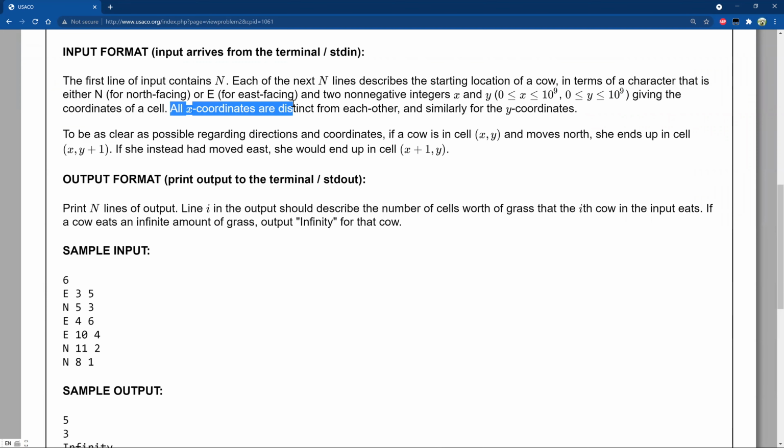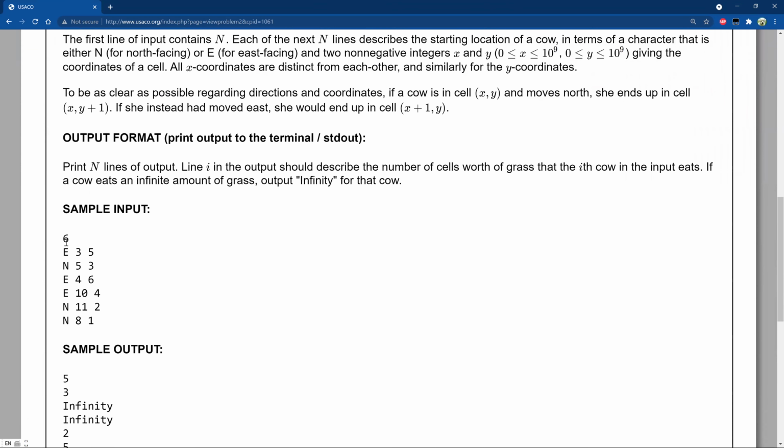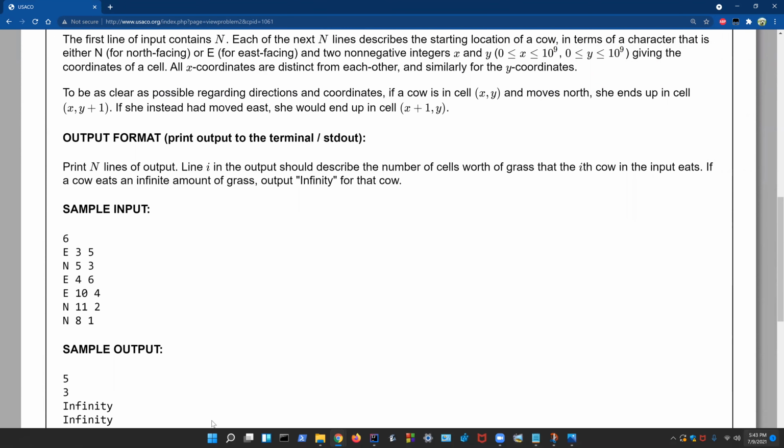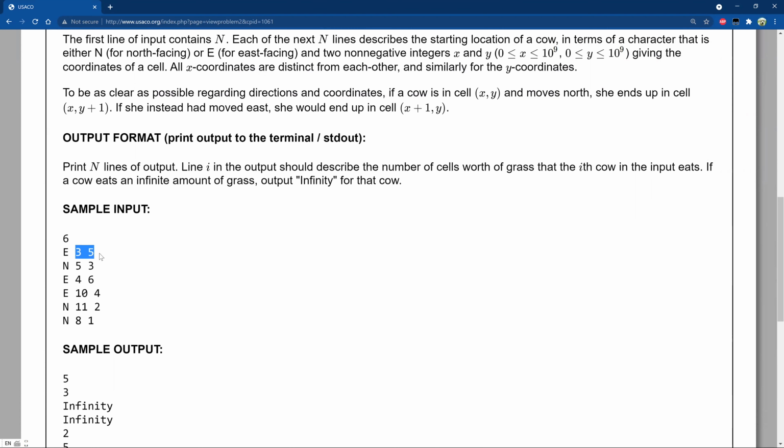The X coordinates are distinct and the Y coordinates are distinct. Here's the input. We have 6 cows. The first cow faces east and is at 3,5. The second cow faces north and is at 5,3, etc.